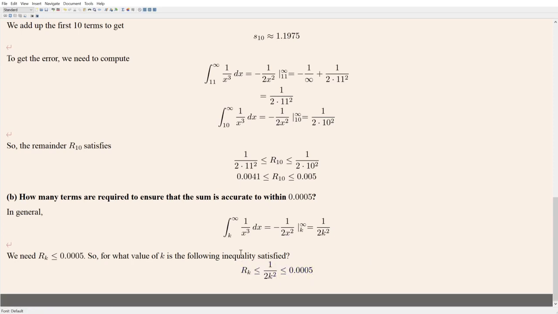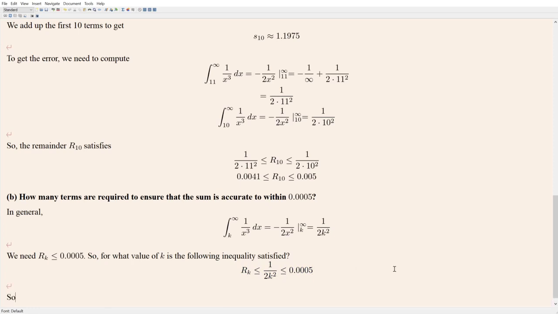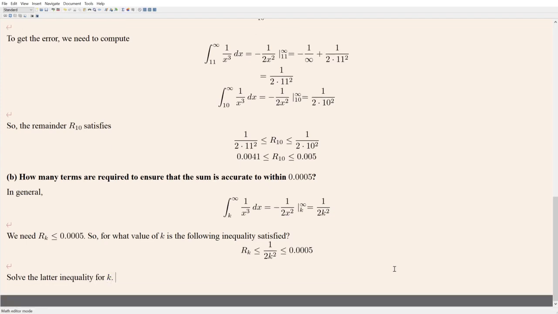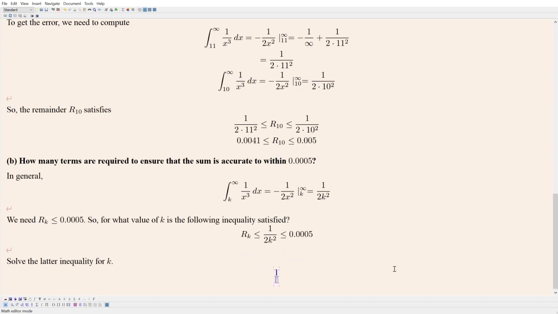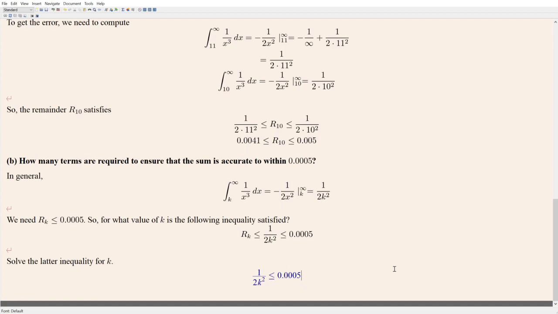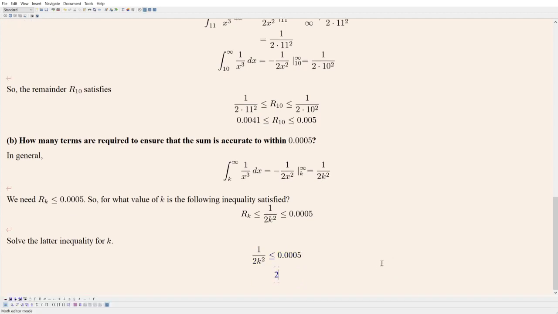Yeah. So now all we need to do is solve this latter inequality for k. So let's reciprocate both sides. If we reciprocate both sides, then that means the inequality flips.